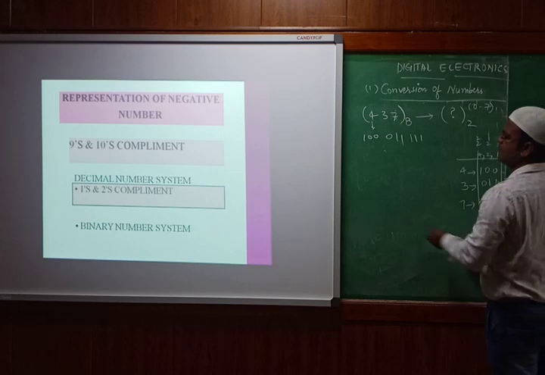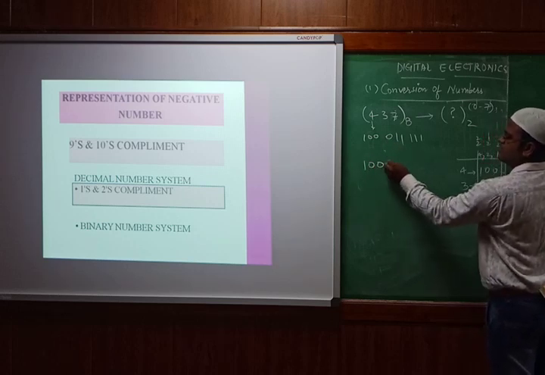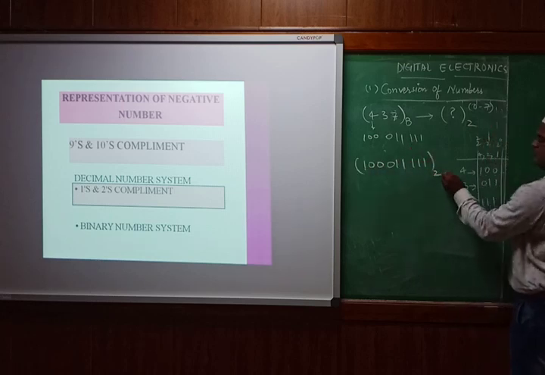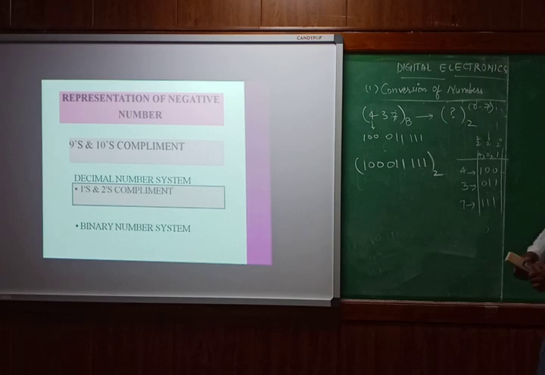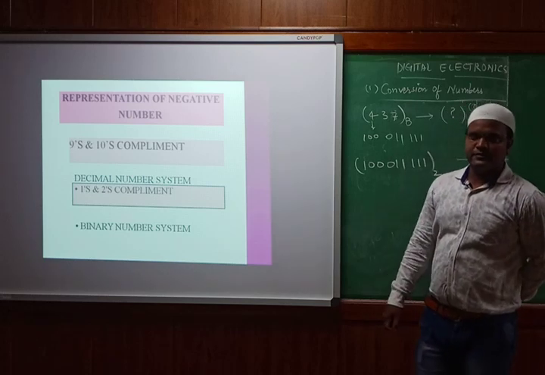That means our number would be 1, 0, 0, 0, 1, 1, and again 1, 1, 1 in base 2. So that's how your octal number is converted into binary form. Depending upon the number of inputs, you can convert your digits.